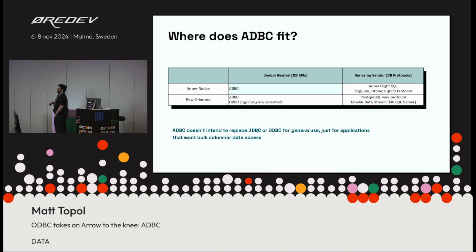I would say if you're looking at data on the order of hundreds of megabytes or gigabytes in your response, you're definitely going to see a benefit from using ADBC there. At smaller data sets, you might not. It really depends on a lot of factors.